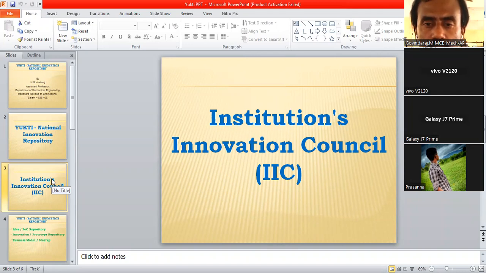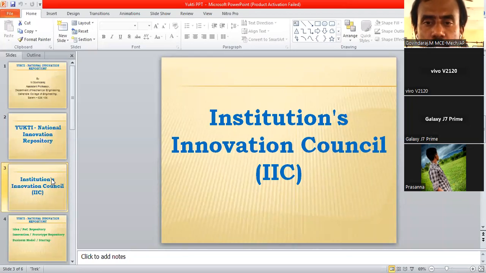In the year 2018, MHRD, the Ministry of Human Resource Development, and AICTE, the All India Council for Technical Education, collaboratively formed the Institution Innovation Council with the aim of inculcating an innovation and entrepreneurship culture as an ecosystem in all the higher educational institutes. That is the objective of forming the Institution Innovation Council, right?